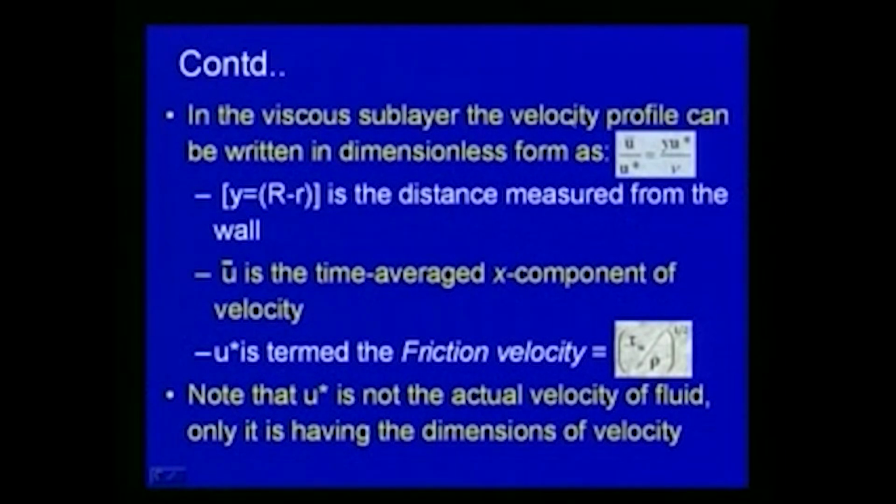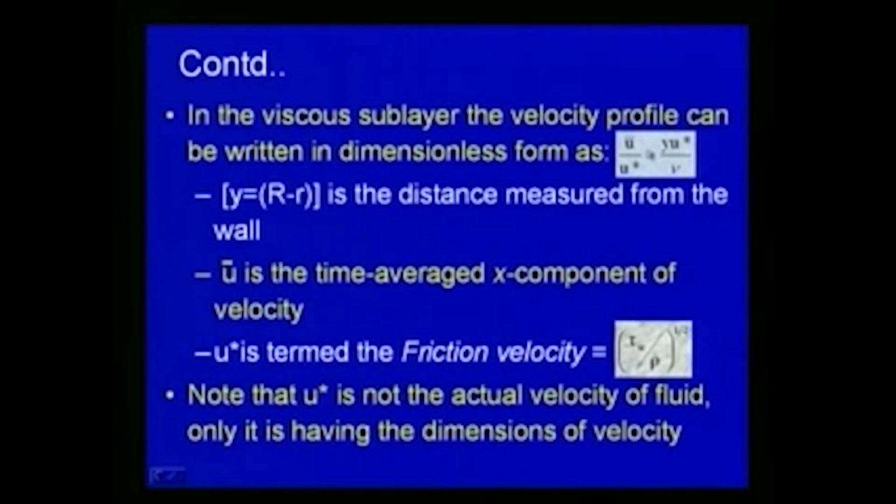In the viscous sublayer, the velocity profile can be written in dimensionless form as u bar by u star is equal to y into u star by nu, where y is equal to capital R minus r, R is the radius of the pipe and r is the distance to the fluid element which you consider. Here u bar is the time average x component of the velocity, and u star is the friction velocity or the shear velocity, u star is equal to square root of tau w by rho.